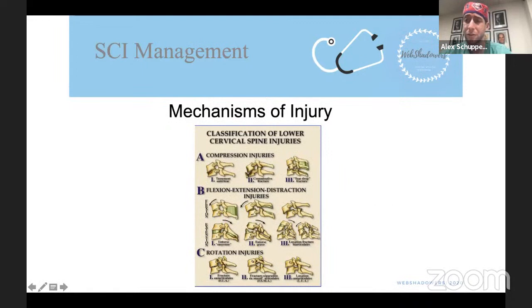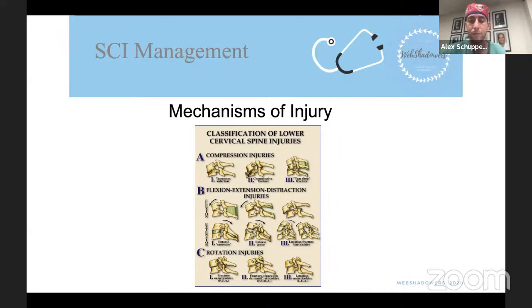So there are a lot of ways to injure your spine, as I'm sure you guys can imagine. It's separated really, especially in the cervical spine, the upper spine, which is the case that we're talking about. There are 3 major types of injuries: compression injuries, or when you have axial loading. For example, if someone is diving off a diving board and hits their head on the bottom of the pool, that can cause a compression or a loading injury.